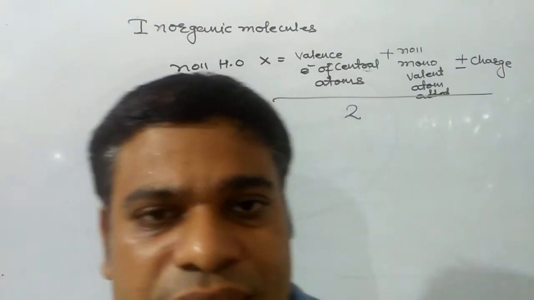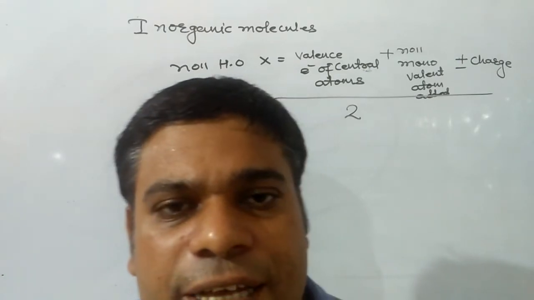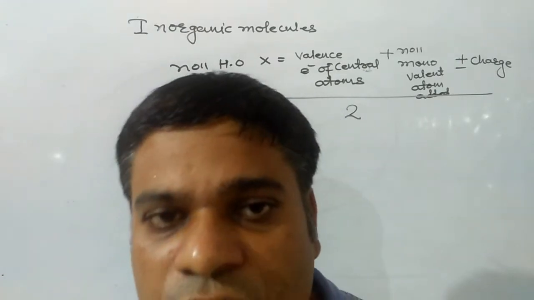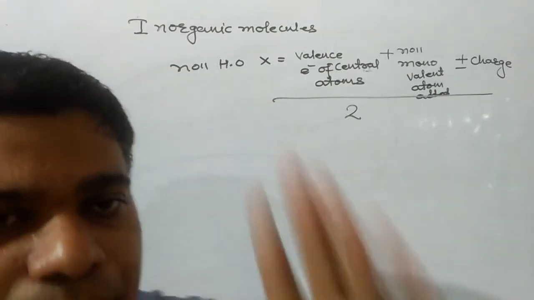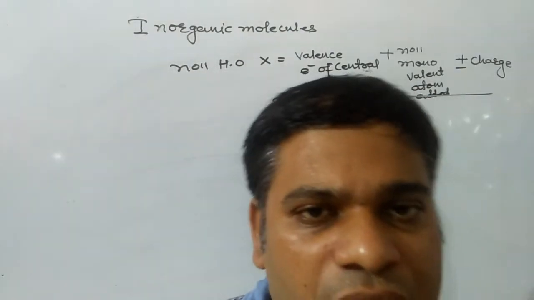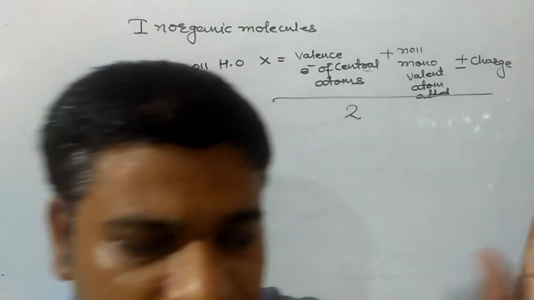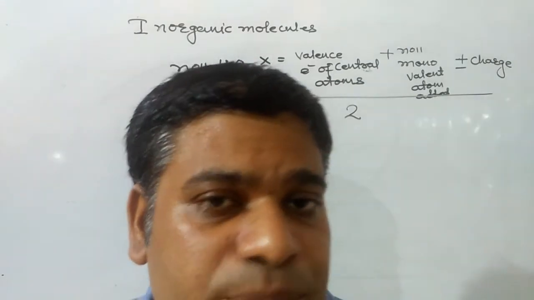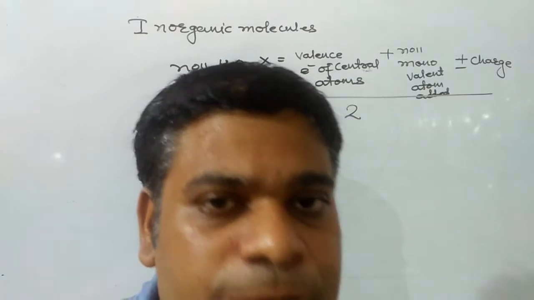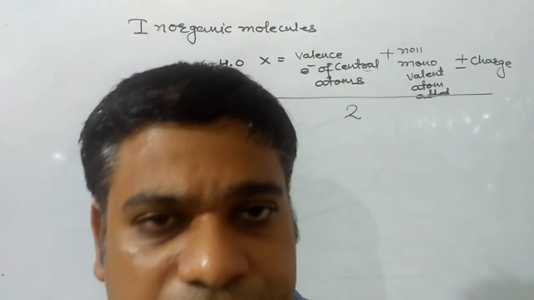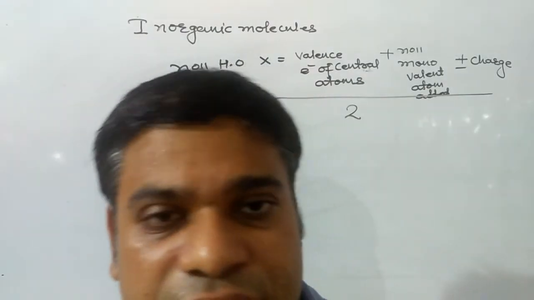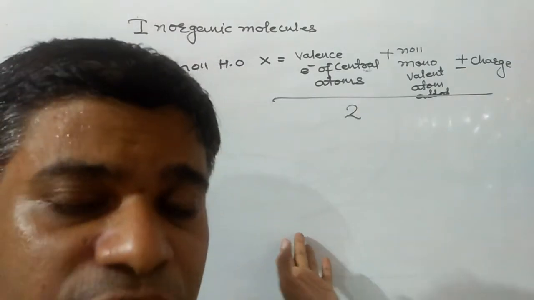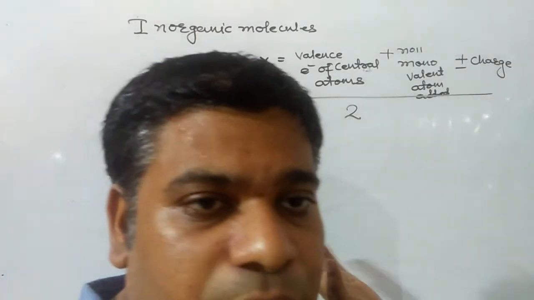Later on we will discuss. 5 is sp3d, 6 is sp3d2, 7 is sp3d3. This formula is going to be applied for inorganic molecules.